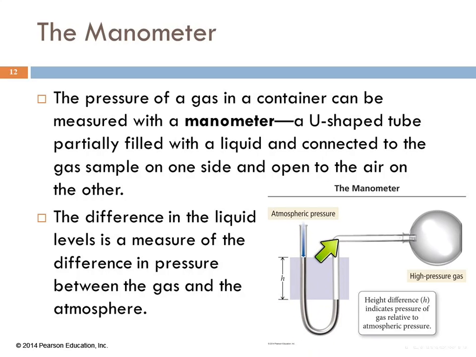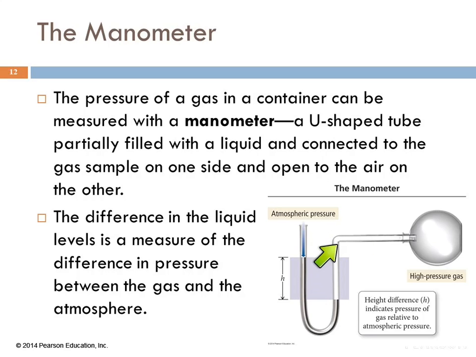Now, if both sides of the tube were open to the atmosphere, what would the mercury do? It would even out. It would just go to the lowest point that it could, and the height of mercury in each arm would be the same.